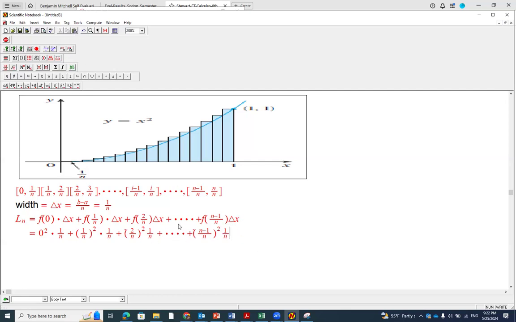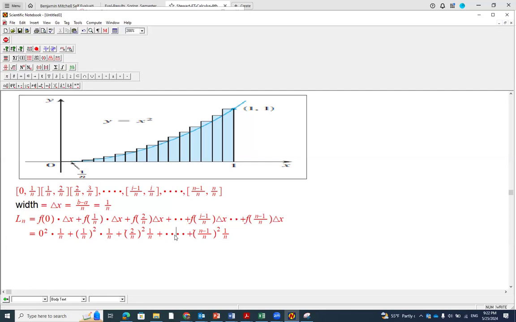Among all these terms, you want to see the general term, which is going to be f at the left endpoint, that's i minus 1, multiplied by delta x. There we go.